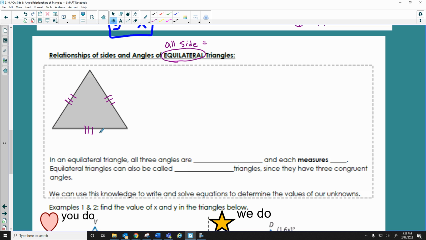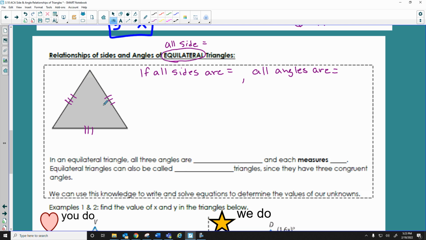Okay, now this is the problem we looked at yesterday. So hopefully maybe this is the second time you're hearing this and it can help settle it in a little bit more. Okay, so if all the sides are equal, we want to look at the angles. If all sides are equal, that's also going to mean that all angles are equal.